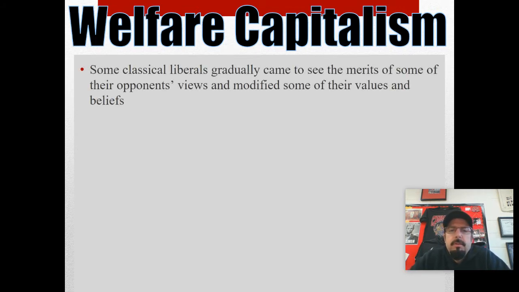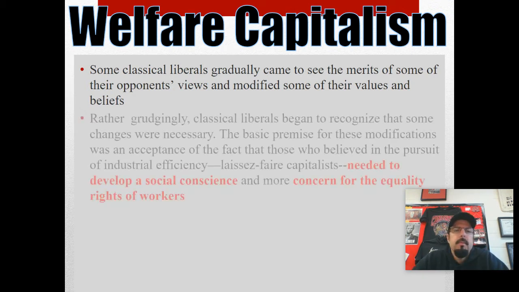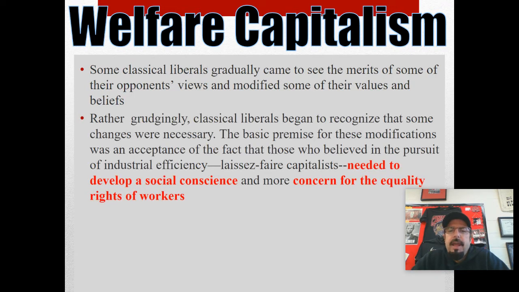So some classical liberals gradually came to see the merits of some of their opponents' views and modified some of their values and beliefs. You can tell how much I love the word some. Rather grudgingly, classical liberals began to recognize that some changes were necessary.